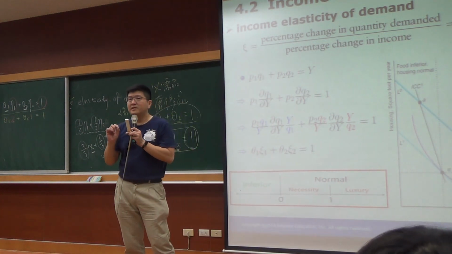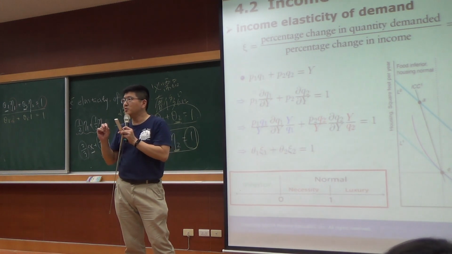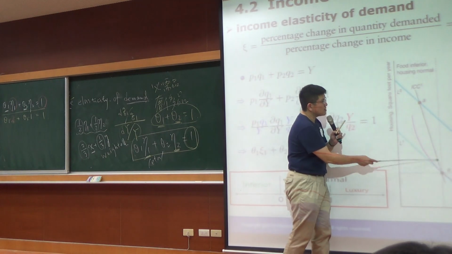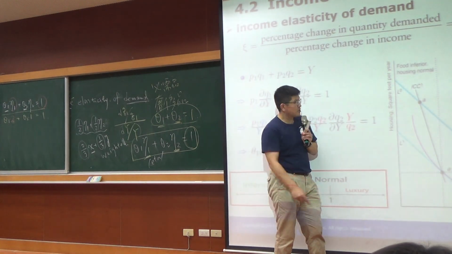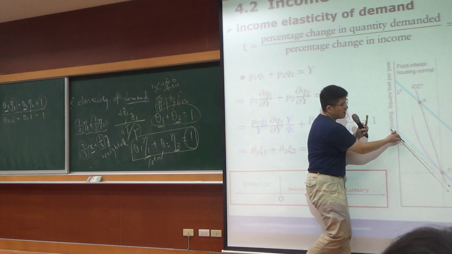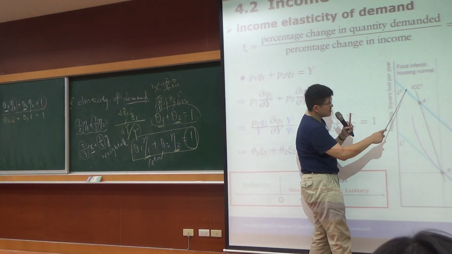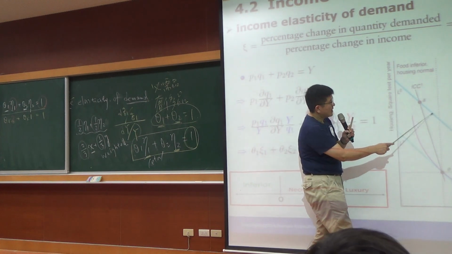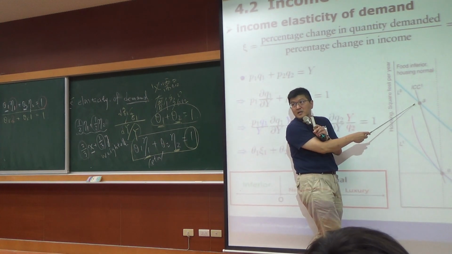The curve tracing the optimal solutions, right? Which is ICC. If ICC looks like this, it means when income increases, the indifference curve is tangent to the budget line at point A here, okay?